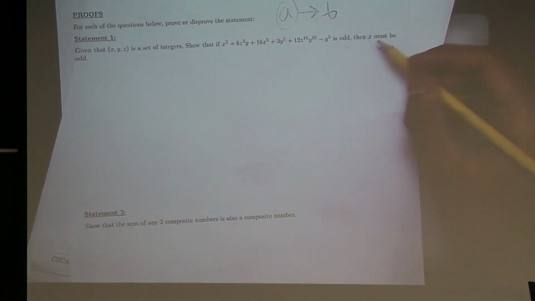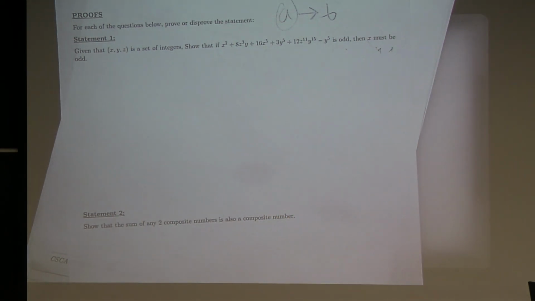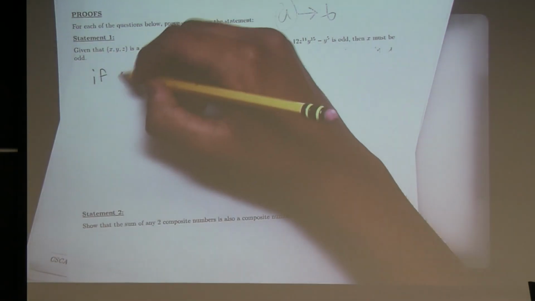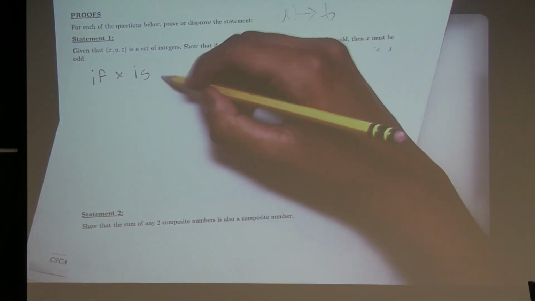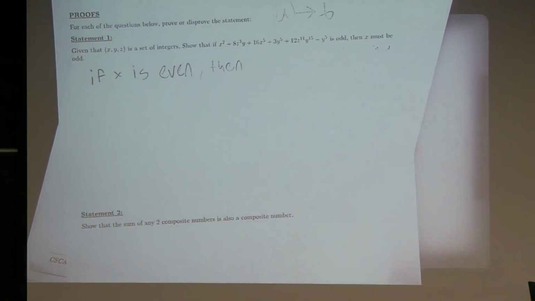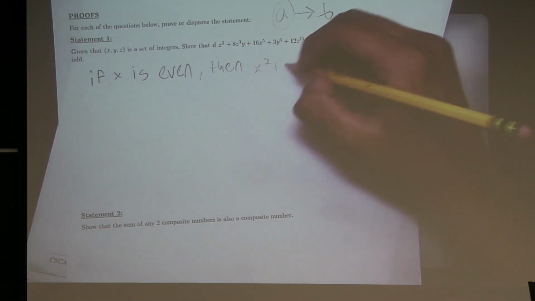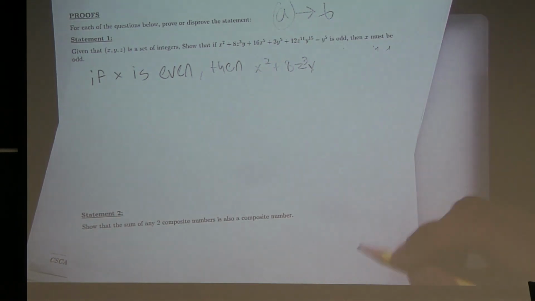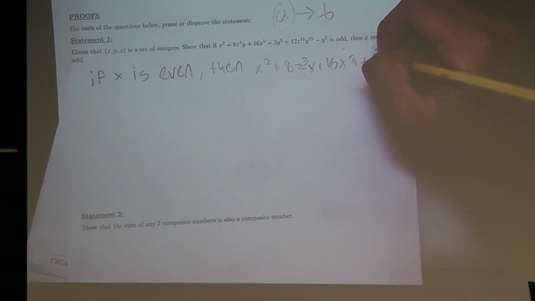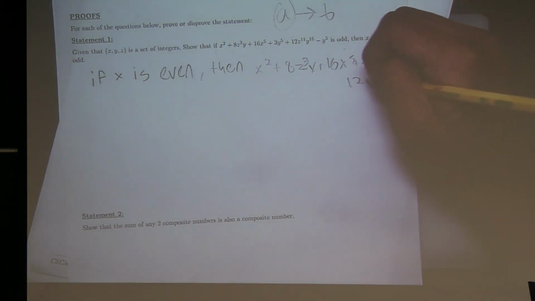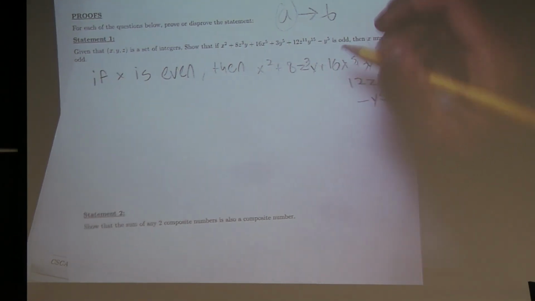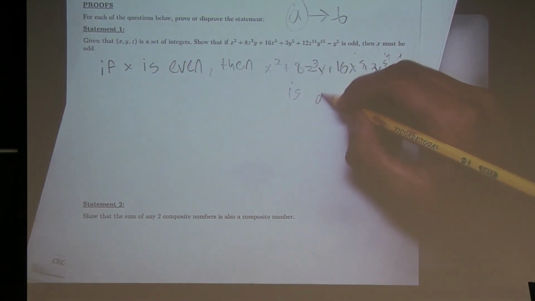So let's write this in contrapositive form. If x is even, then x squared plus 8z cubed times y, and so on, I'll just write down this expression, is also even.